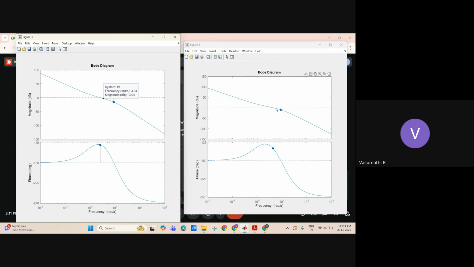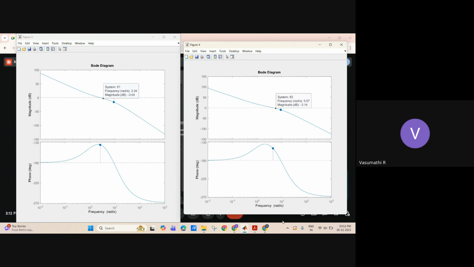Here if I look for the frequency, magnitude minus 3, approximately it's around 5.4, between 5.4 and 5.6. Let's take 5.5. Somewhere around 5.5, that's the frequency. This is 3, this is around 5.5.